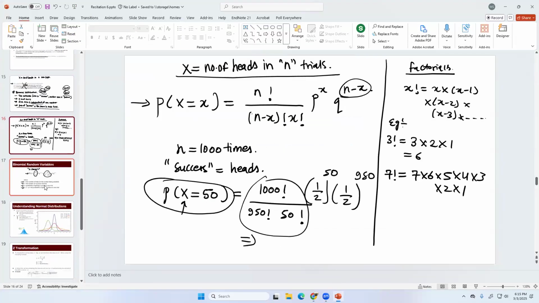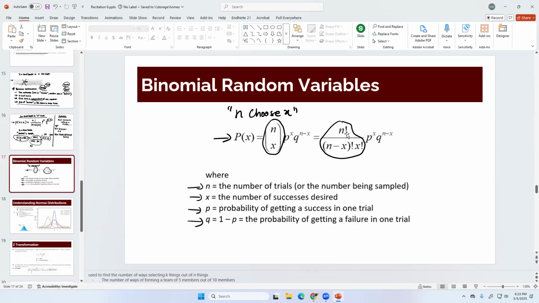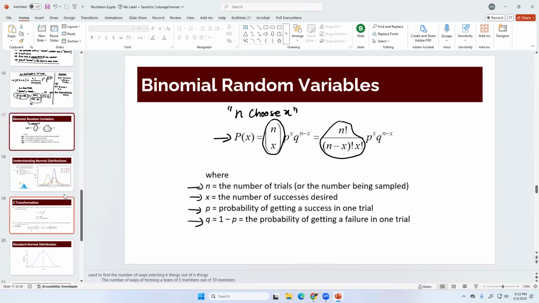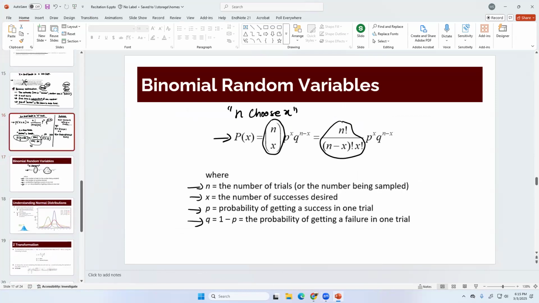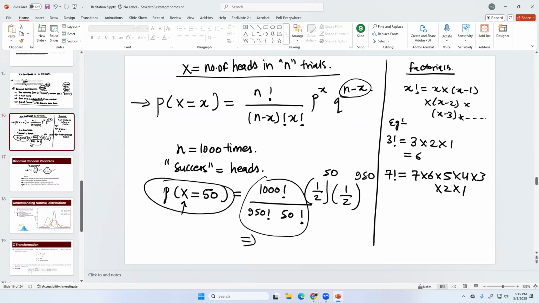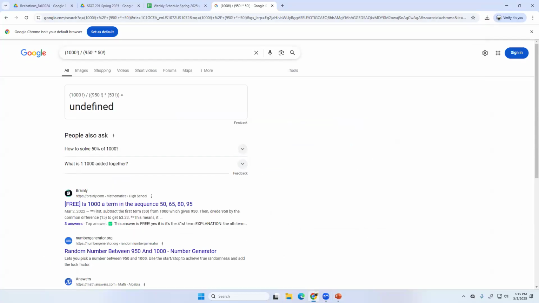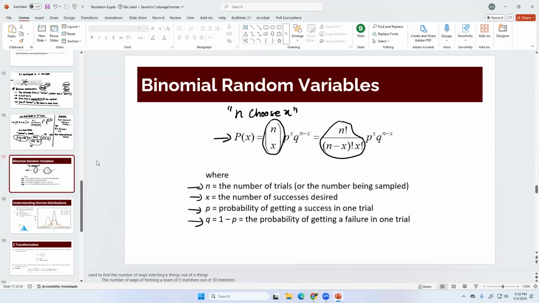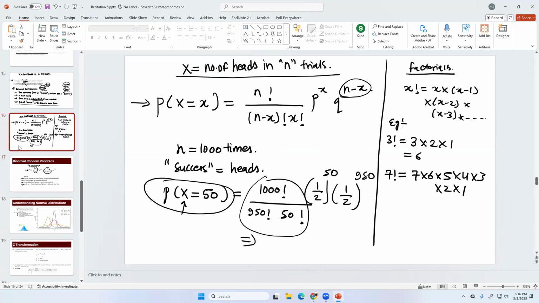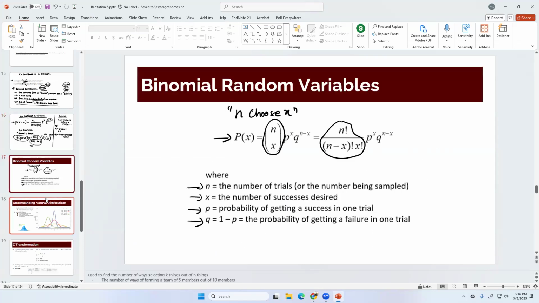That's n factorial. If n is 1000, n minus x is 950, then 50 again. Probably I'm not choosing the right numbers, but that should not be a problem. I don't know why you cannot compute this. Okay, I'll get back to you next recitation on this.